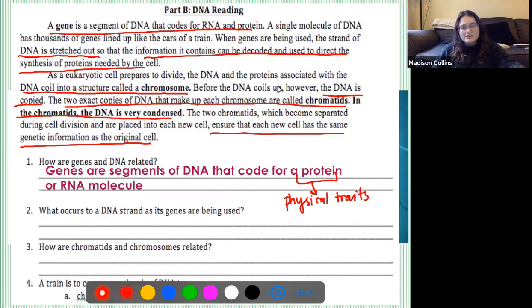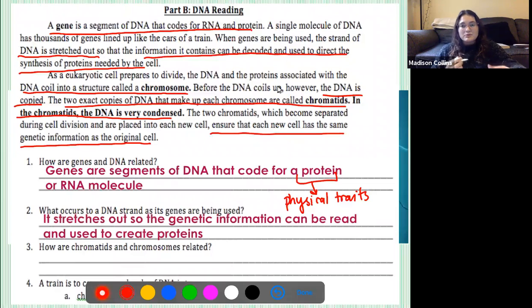But what occurs to a DNA strand as its genes are being used? Well, we've said that DNA is basically like the blueprint or the instruction manual for the cell, right? So think of this as like you've just gone to IKEA, you've come home with a brand new dresser, you're so excited. The first thing you're gonna do is lay out that instruction manual and open it so you know how to build that dresser.